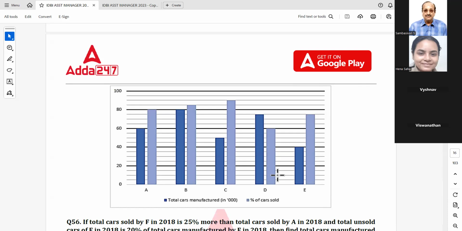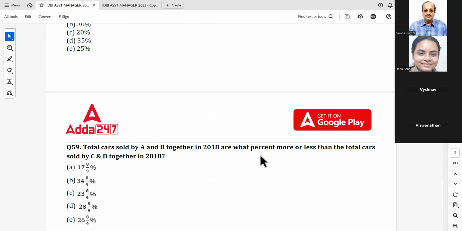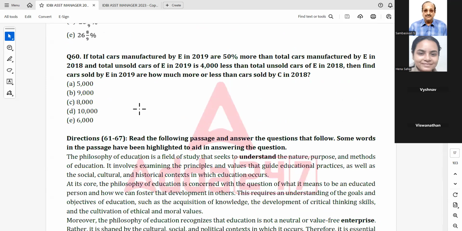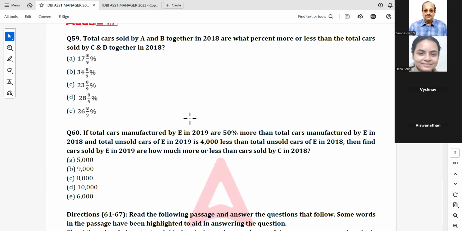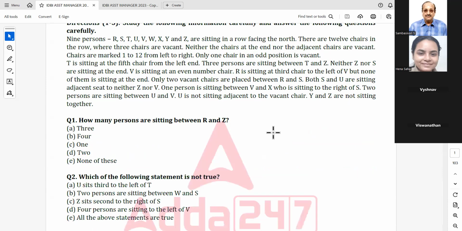It is like oxygen. You all have to be fully prepared for it. Please prepare. So only one more problem is there. Maybe we can do it tomorrow, along with the reasoning. There are about 30, 40 questions in reasoning. We can do it tomorrow.